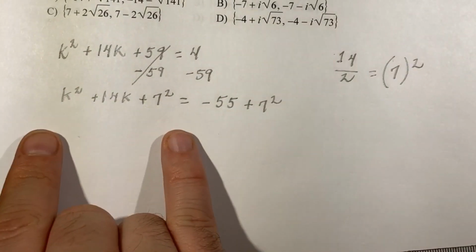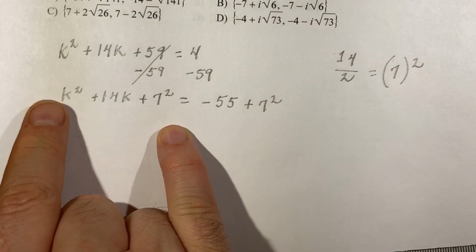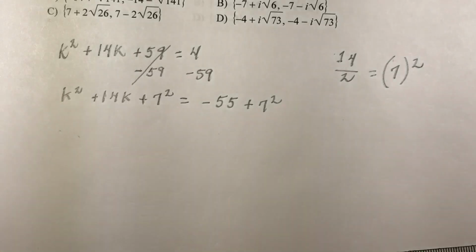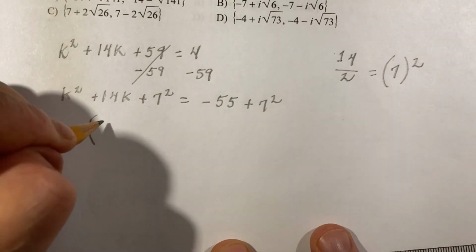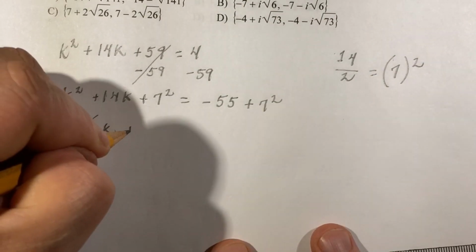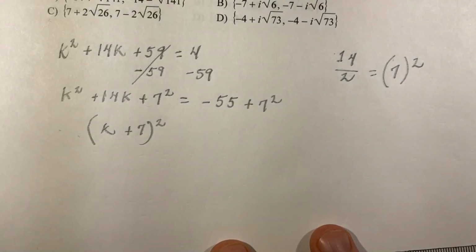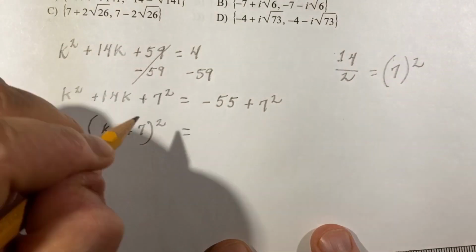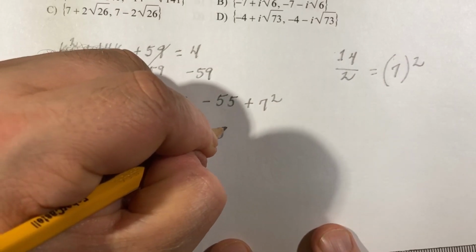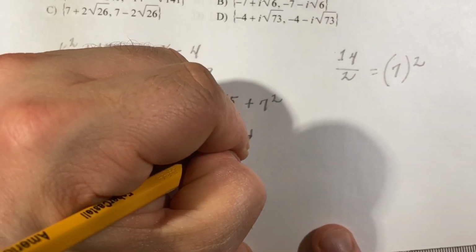We have a perfect square trinomial on the left. K plus 7 squared can be factored into the perfect square binomial. K plus 7, the whole thing squared, equals. And now it's negative 55 plus 49.